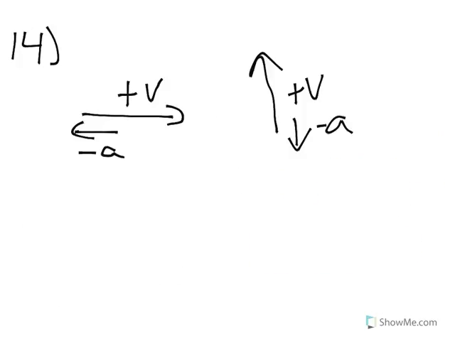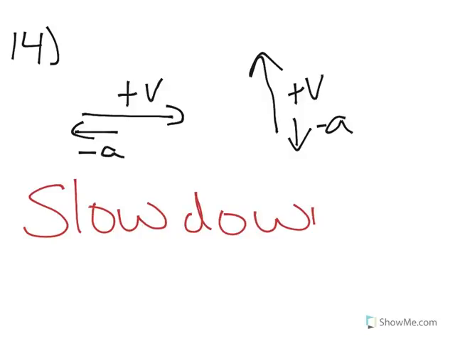All right, number 14. When velocity is positive and acceleration is negative, what happens to the object's motion? So if the velocity is positive and the acceleration is negative, you're going to slow down. To give you an example of this, it would be like if you were in a car and your car is moving forwards and you hit the brakes.